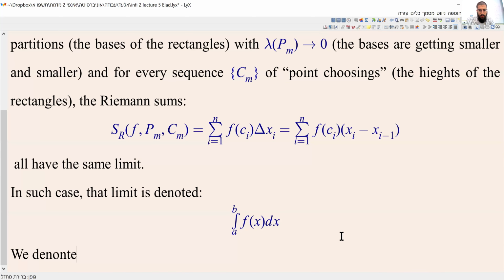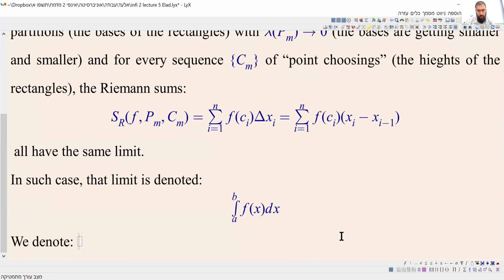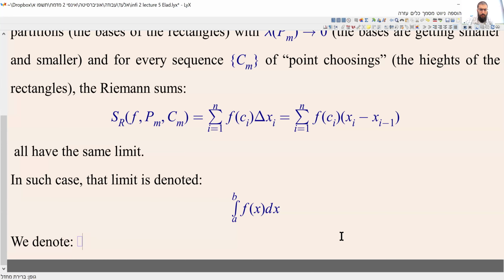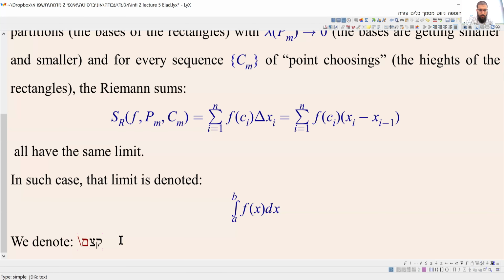We denote with omega i, the difference between the supremum of f in the i-th subsegment and the infimum of f.